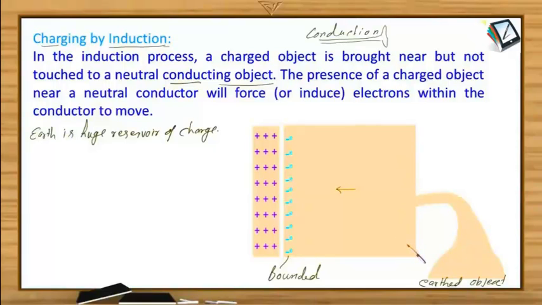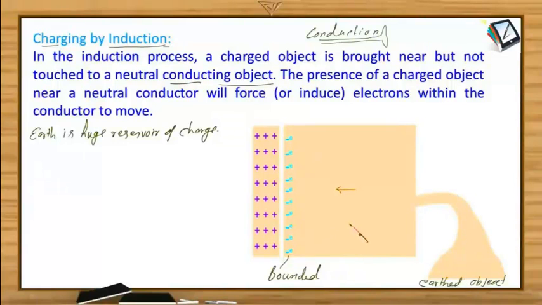So in a nutshell, these are those electrons which actually moved from the earthed object, and they are there just because this object is present, holding on to these electrons and making them bounded. So if you remove this object while the earth connection is there, it's not going to help, because these electrons are quickly going to flow into the earth and your efforts will go waste.